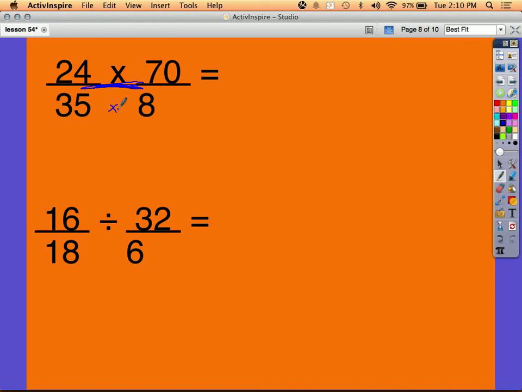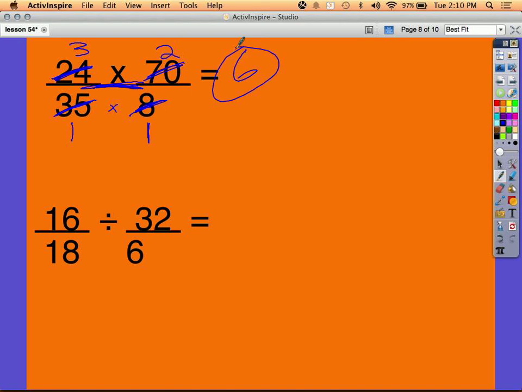There's not a 24 on bottom, but I do know that 8 goes into 24. 8 goes into 8 one time, and 8 goes into 24 3 times. I also see that 35 goes into 70. 35 goes into 35 once, and 35 goes into 70 twice. So now I have 3 times 2 is 6, and 1 times 1 is 1. My answer is just 6.